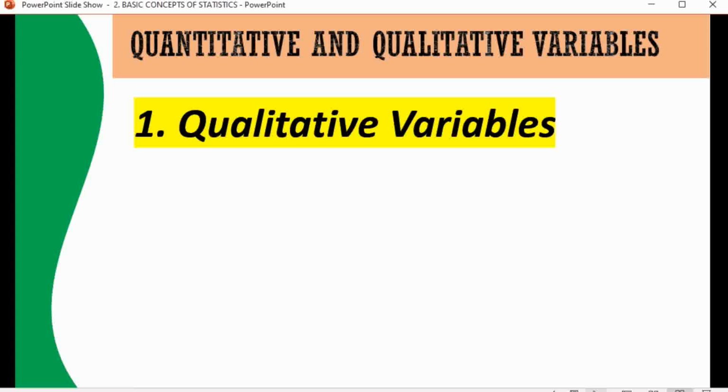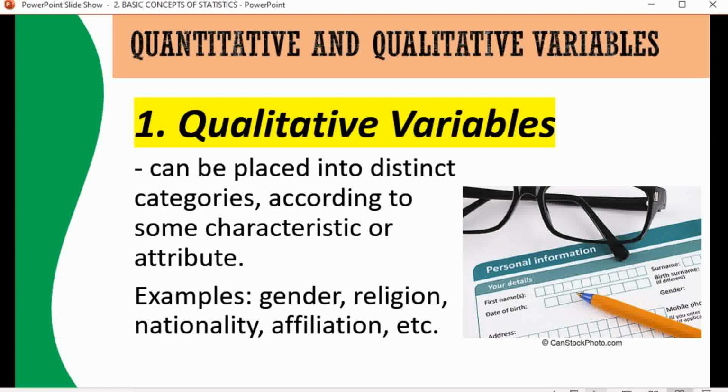Quality, meaning these are acquired through observations. An example here is when we categorize things, the categories we're often used to are gender, religion, nationality, affiliation, color, anything that is done through observation.